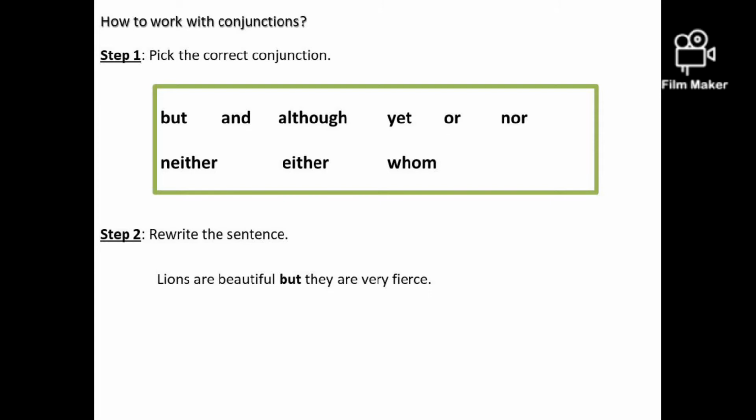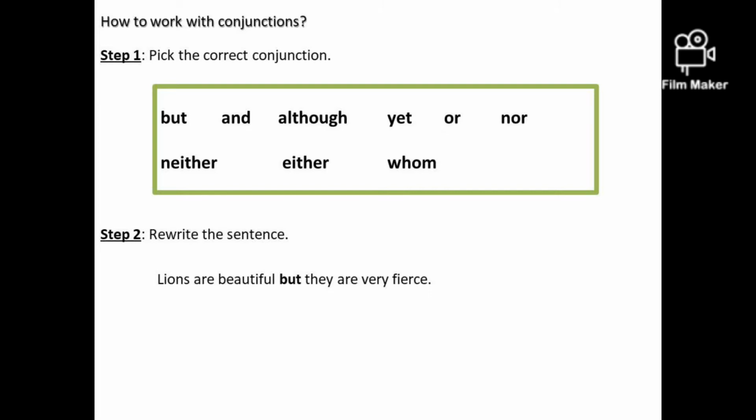And so on, as you see there. Or, nor, neither, either, whom, and so on. So those are the conjunctions that we have in the box that we have to pick from in order for us to work with conjunctions.